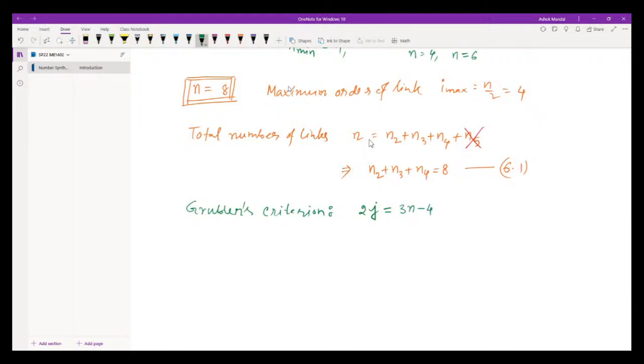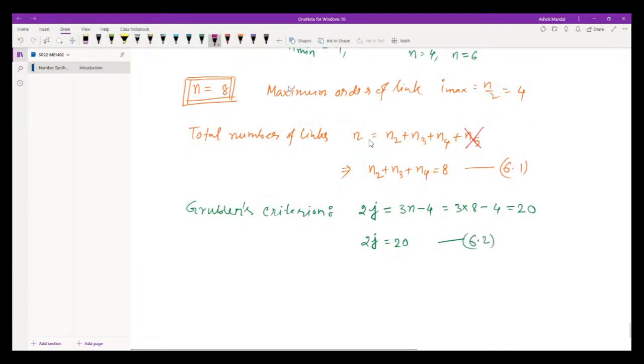Okay, this is the formula. And what is this value? From here you can see that 3 into 8, total number of links, so this is equals to 20, right? So from here we get 2j equals to 20. Let us call it 6.2.